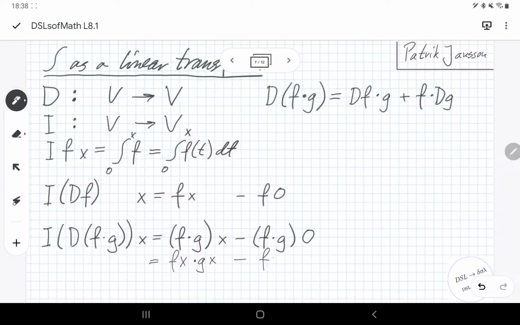Then here it's also f of 0 times g of 0. Or, I mean, if you really want it in the classical math notation, f of x g of x minus f of 0 g of 0. But I'm just typing it out so that one recognizes it for future use.